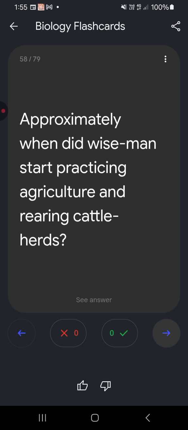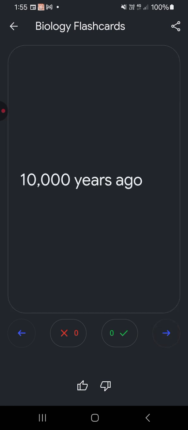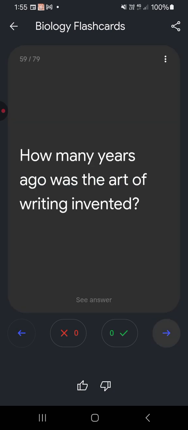Approximately when did wise men start practicing agriculture and rearing cattle herds? About 10,000 years ago. That was when man started agriculture. How many years ago was the art of writing invented?